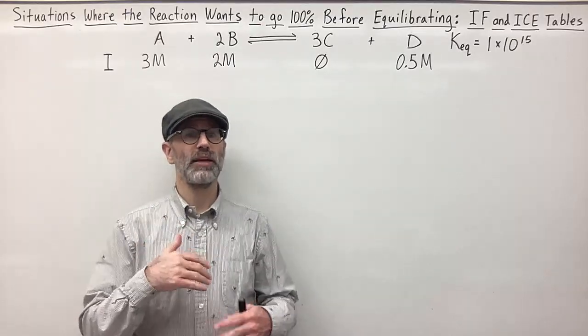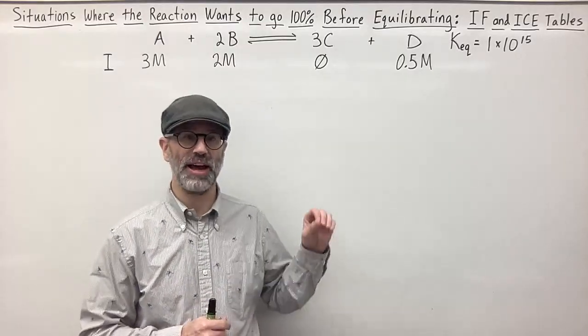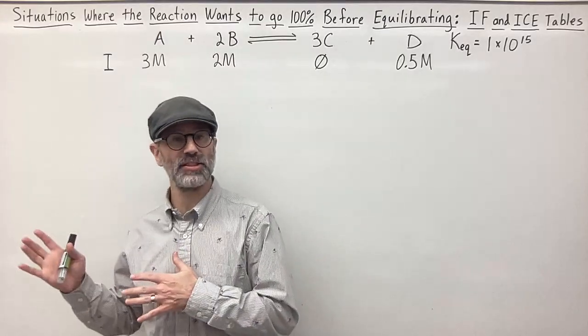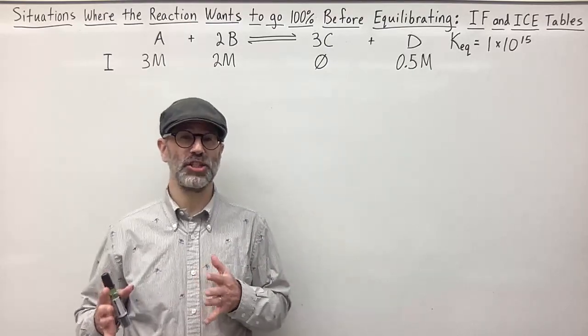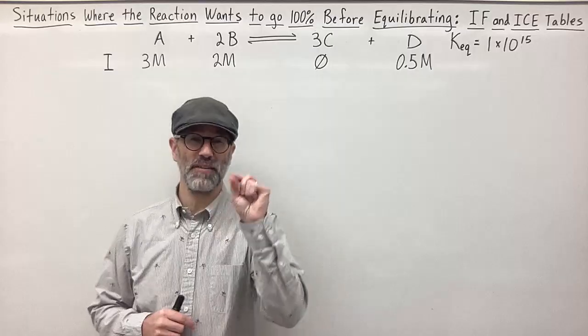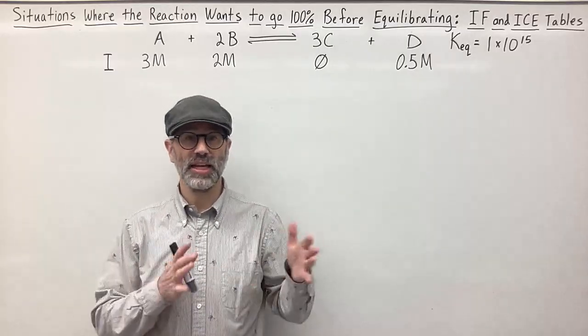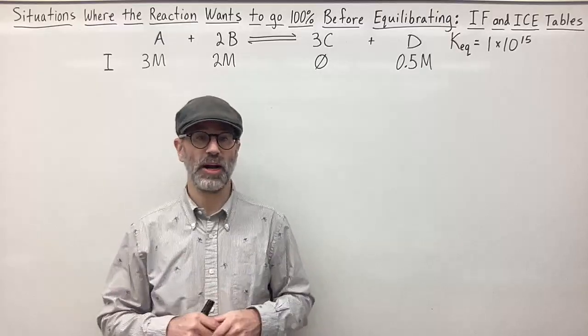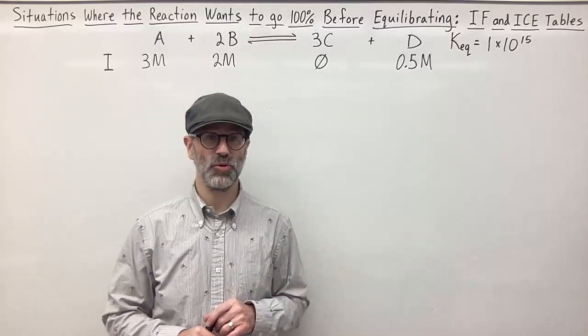Or you have the reverse of that. You have a really small K value that favors reactants, but you have zero products. So it's going to shift towards the products, but it's going to be a very small shift because in this case, the equilibrium favors the reactants. And we saw how you could neglect X in those situations.